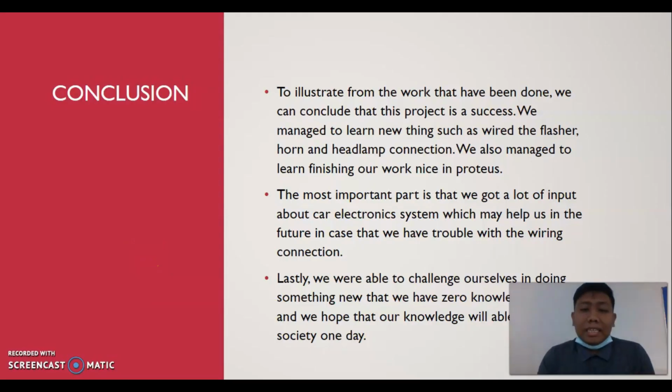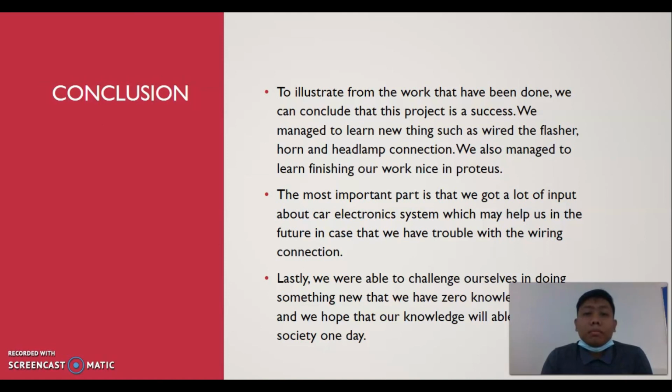Lastly, I will explain the conclusion for our mini project, extracted from the work that has been done. We can conclude that this project is successful. We managed to learn new things such as wiring, the flash horn and headlamp connection. We also managed to learn to finish our work nicely in Proteus.